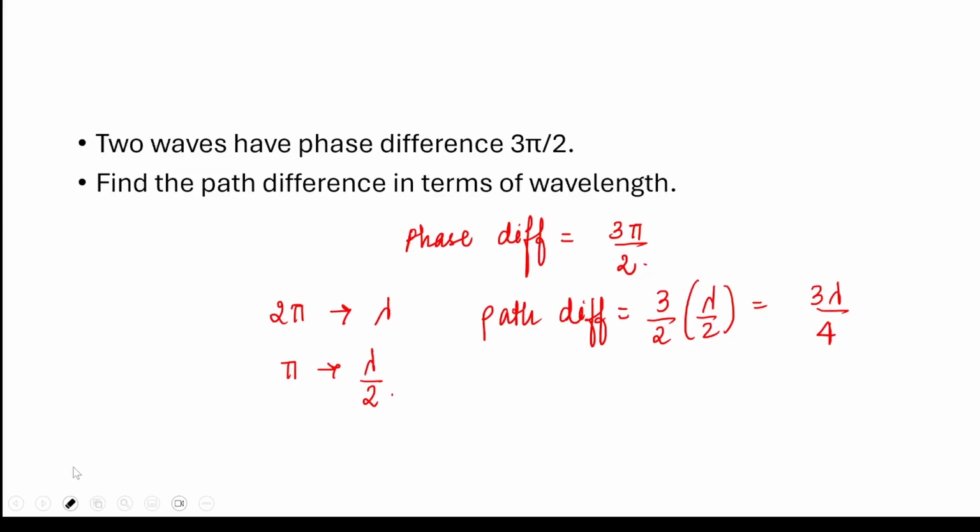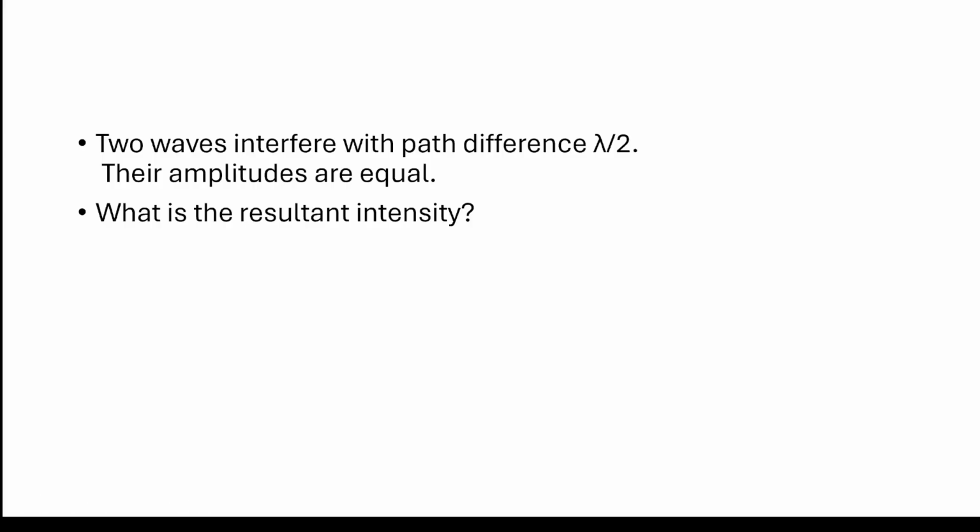So if there is a wave and the path difference between any 2 points is a wavelength, the phase difference between those 2 points is 2 pi. So pi will be lambda over 2. Now, two waves interfere with path difference lambda over 2. So that means it is destructive. And that's why the resultant intensity is 0.